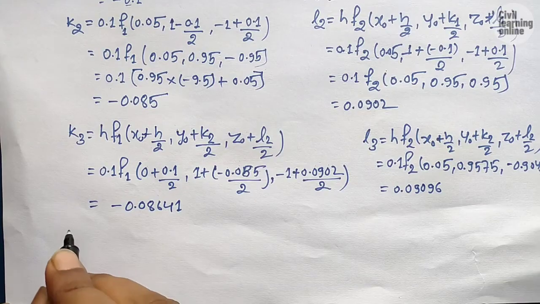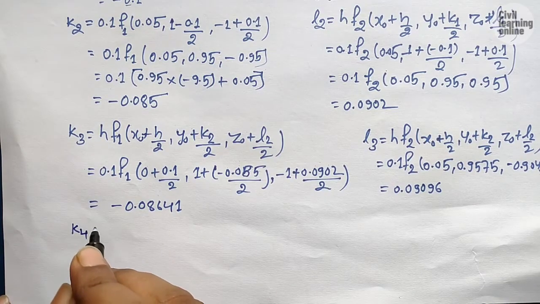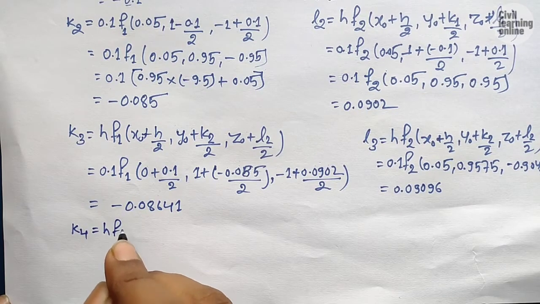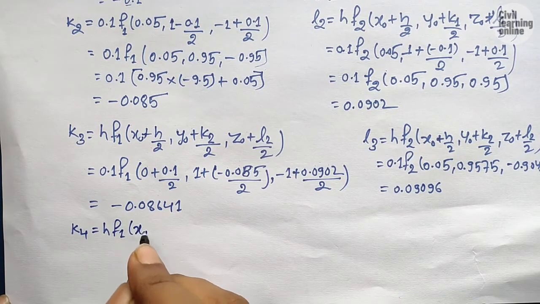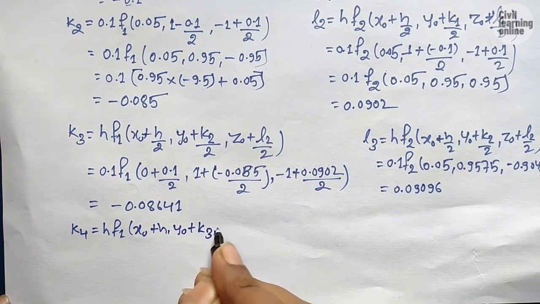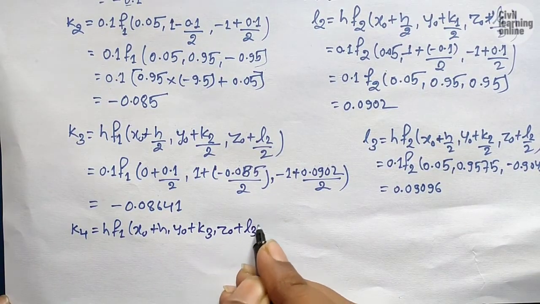Similarly, it is time to calculate the value of k4, and the formula for k4 equals h f1 (x0 + h, y0 + k3, z0 + L3).